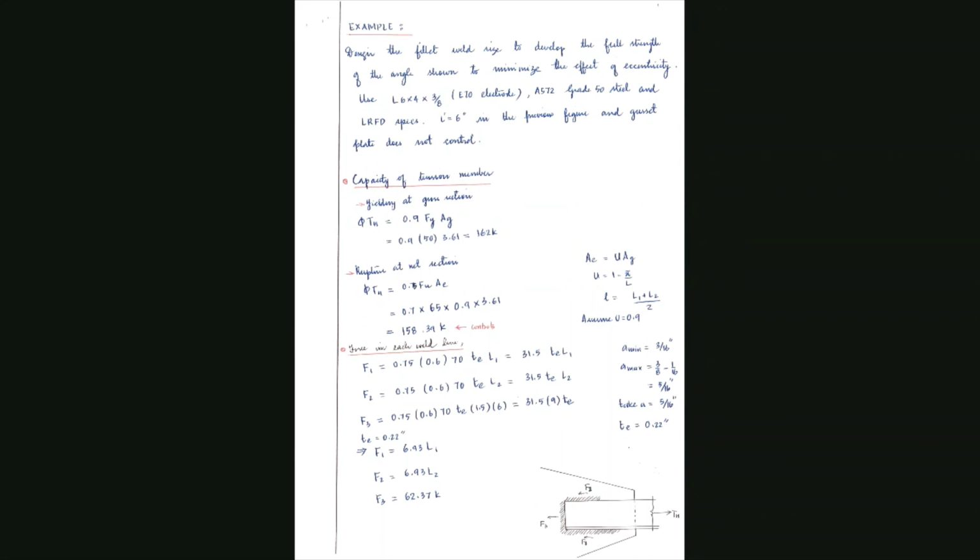Here I've checked it against L1 because it is essentially the same. The only difference is it is 6.93 L1 and it is 6.93 L2. You may consider one of them, like for example the shorter one or the longer one. It doesn't matter because you don't know which is short and which is long. Though you can assume that your L1 is going to be long, you're just checking it against the variables. So it doesn't matter whether you use L1 or L2.